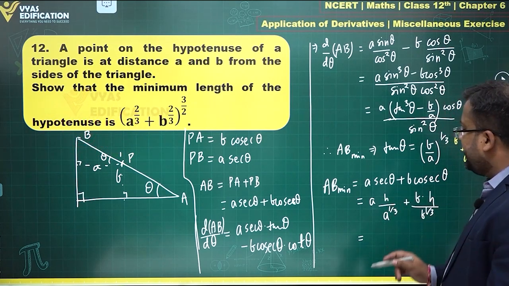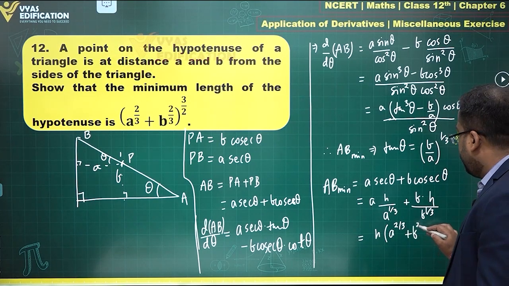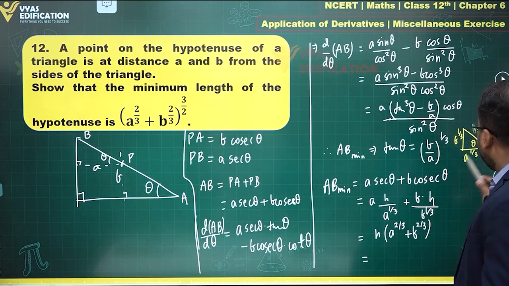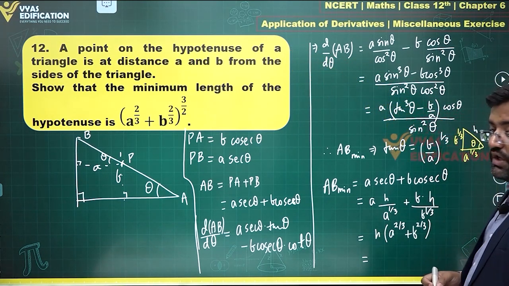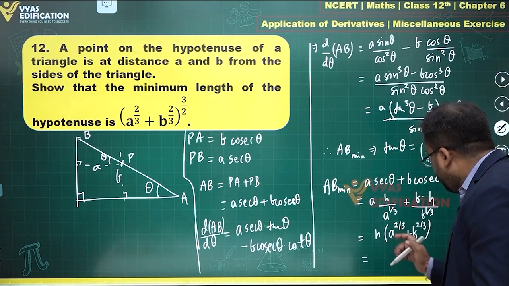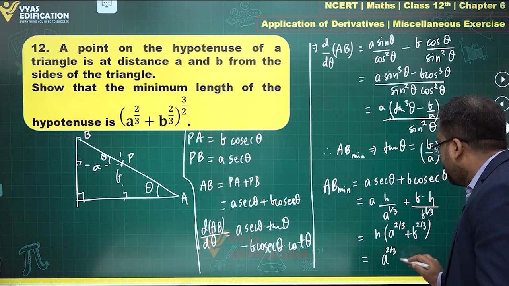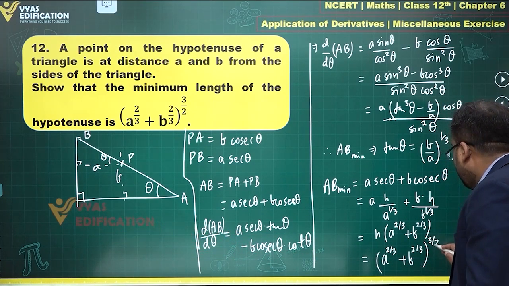This is A power 2 by 3, h will come out common, A power 2 by 3 plus B power 2 by 3. What is this h actually? This h is nothing but the under root of A power 2 by 3 plus B power 2 by 3. So multiplying, we get (A power 2 by 3 plus B power 2 by 3) raised to power 3 by 2.